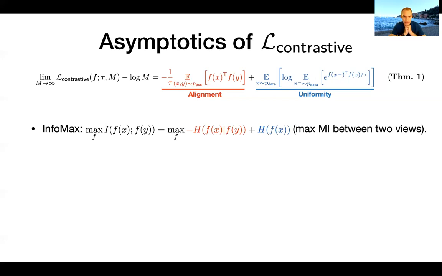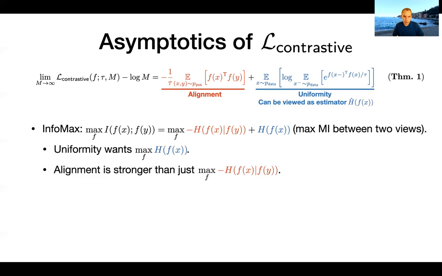This explanation is actually quite related to the explanation from information theory, but it turns out to be a little bit stronger. The explanation from information theory says that contrastive learning results in maximizing the mutual information between the embedding for one view and the embedding for the other view of the same image. That corresponds to minimizing the conditional entropy between the two views and maximizing the unconditional entropy of the views. Uniformity maps to a max entropy distribution.